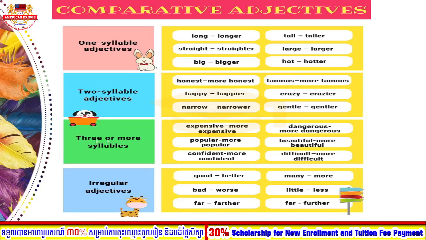Okay, so now let's move to another one, three or more syllables. Example, expensive. You can read it like this, expensive. You know already this one is three syllables, right? Or you can know that by your reading, that it is three or more syllables. You should remember that if a word has three or more syllables, you need to use more. You cannot add er at the end of the word anymore.